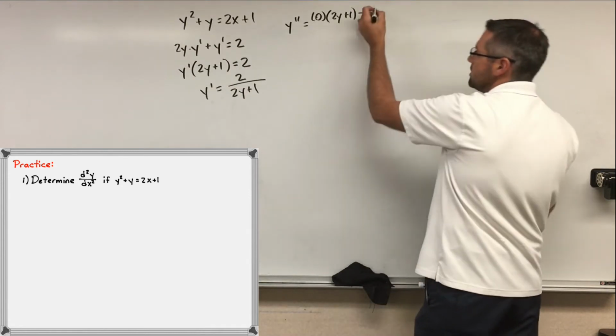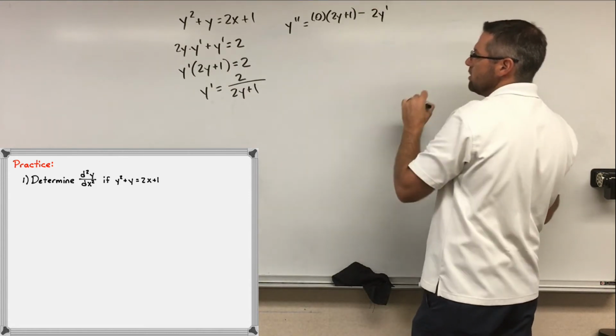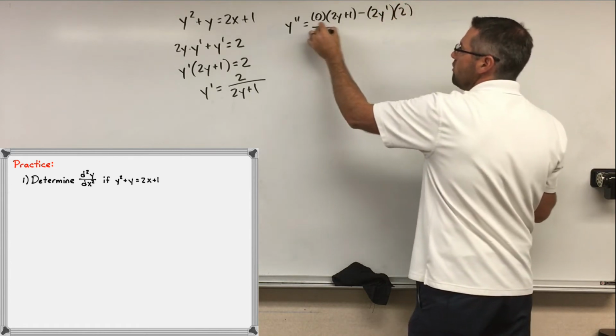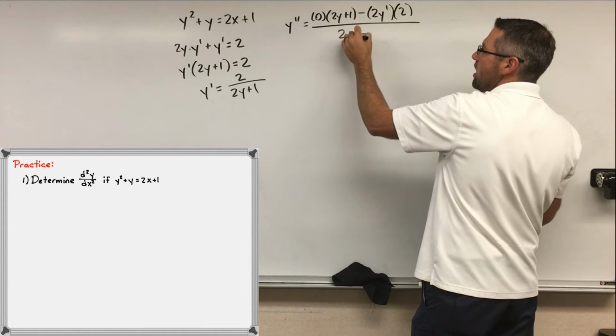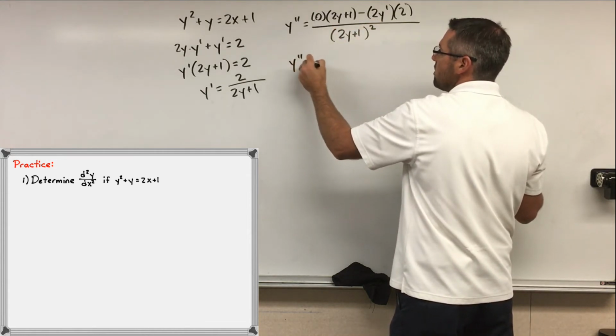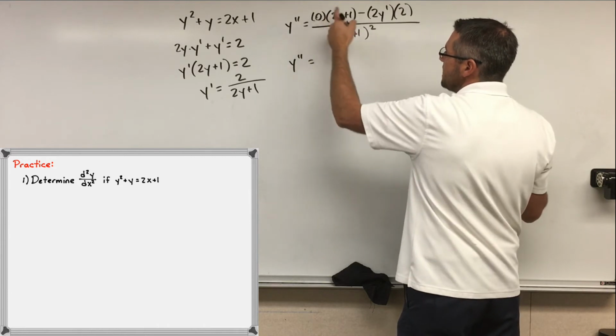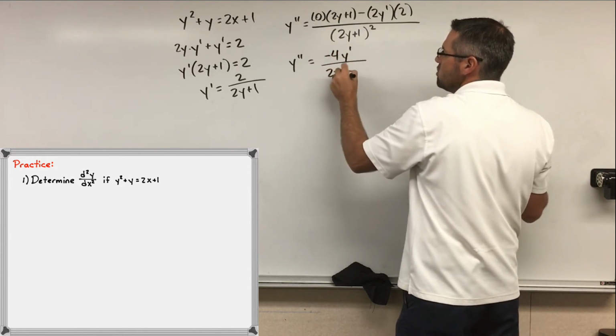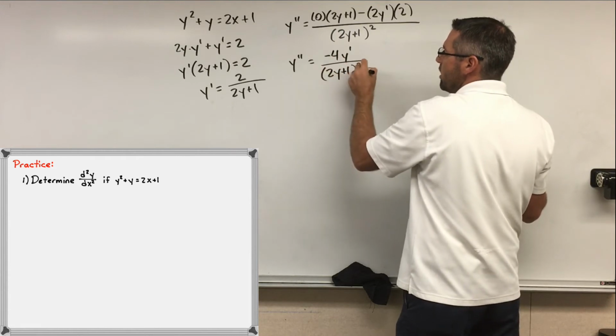Bring the constant back in. So it would be 2y prime, and then times the top, which is 2, all over the bottom squared, so 2y plus 1 squared. So there's our second derivative. I'll clean that up a little bit. That all cancels out. So you're left with negative 4y prime over 2y plus 1 squared.